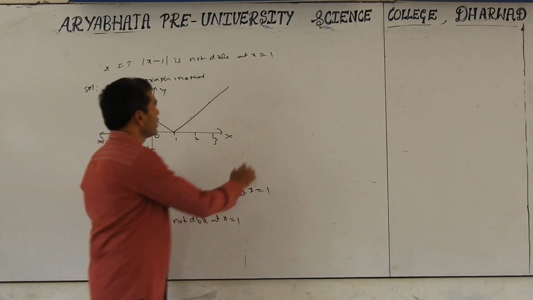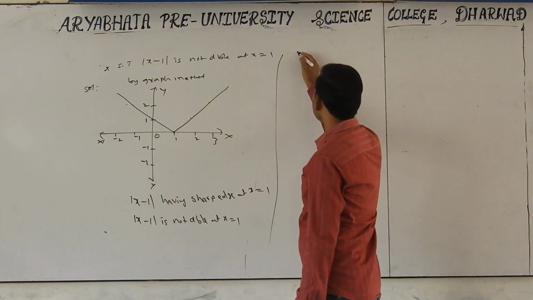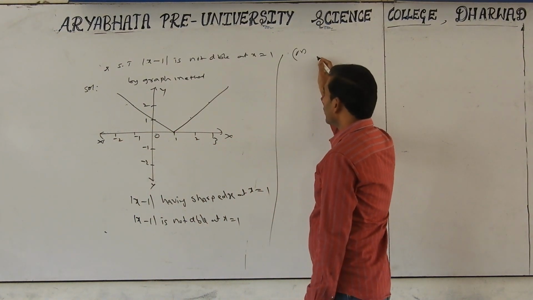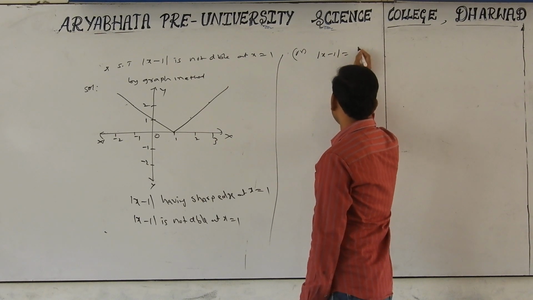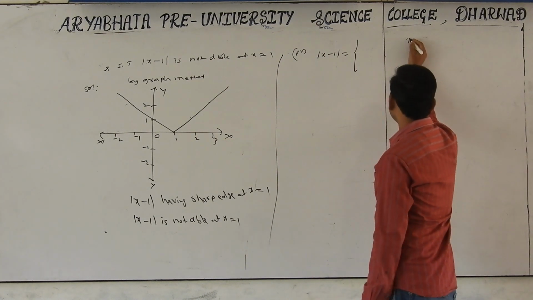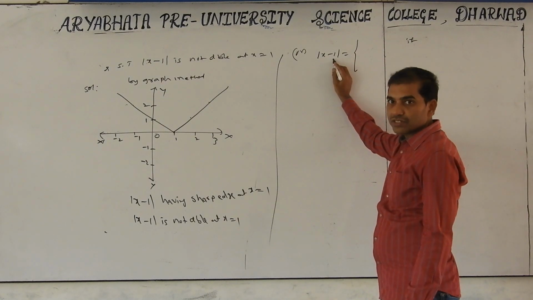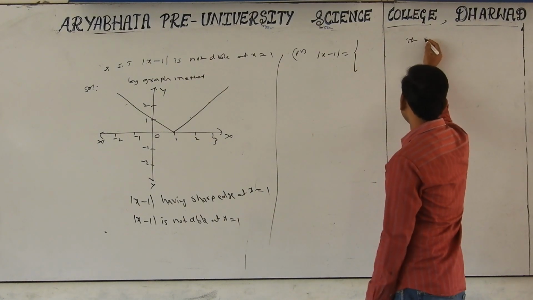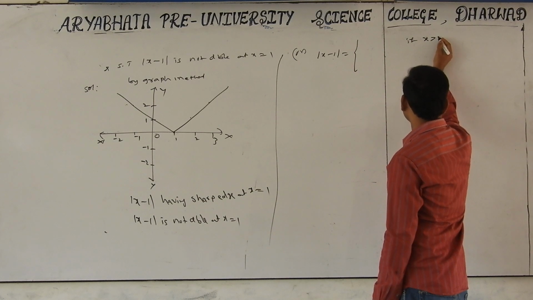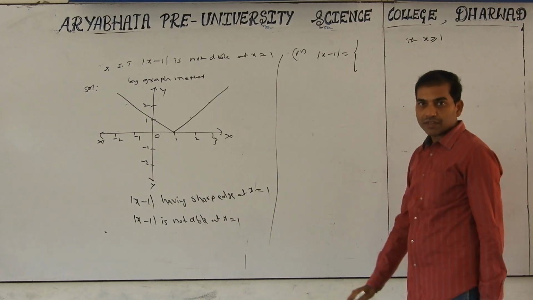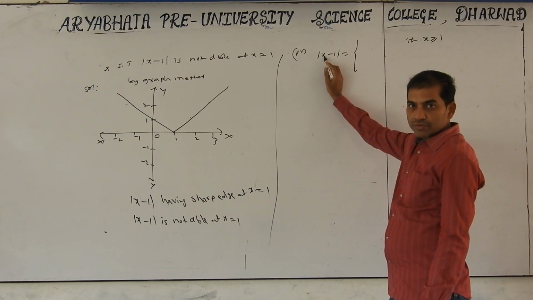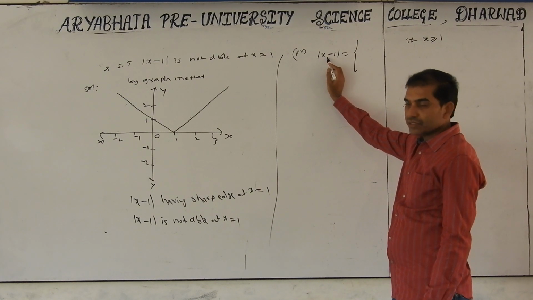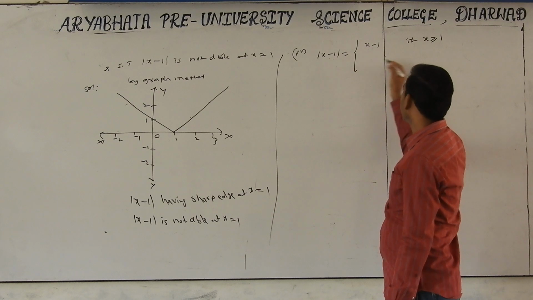This is the alternative method. Mod x minus 1: at what point is it changing? At x equal to 1. If x is greater than 1, say 2, 3, 4, we get positive values, so it is x minus 1.